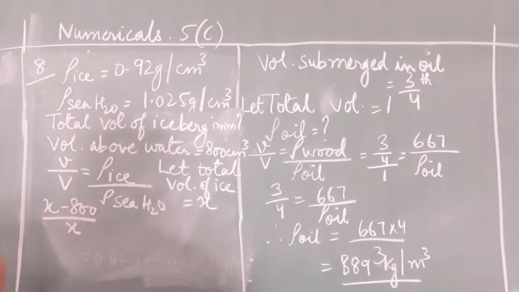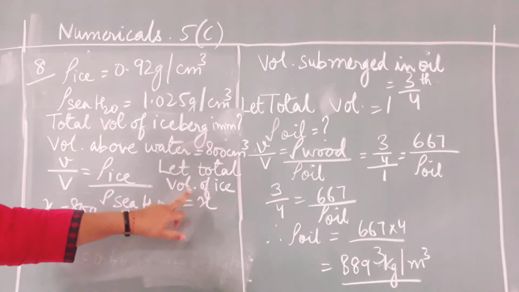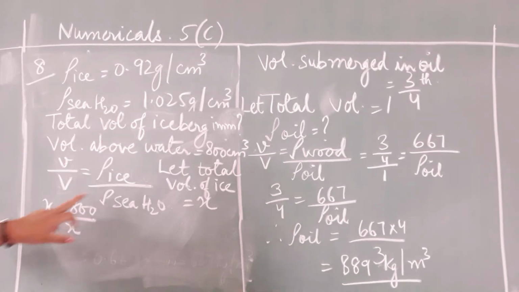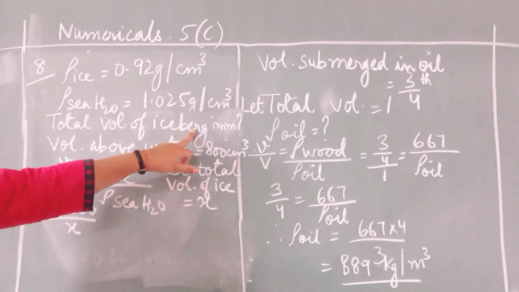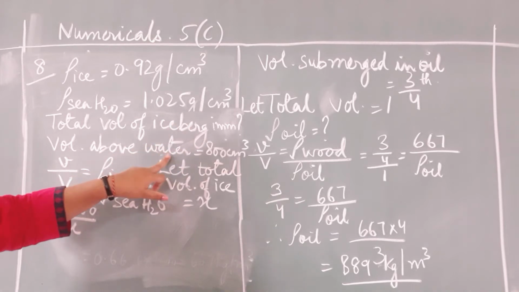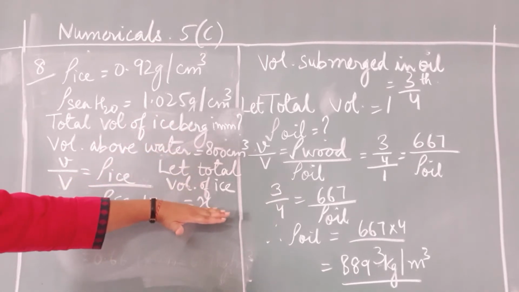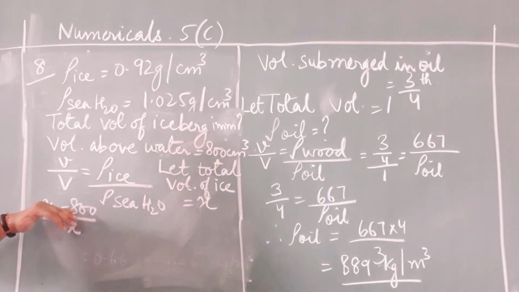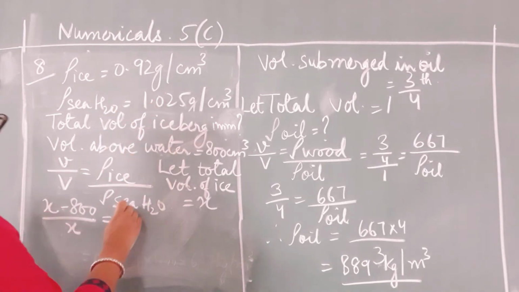I hope you understood this. See how, if I take the total volume as x, we know volume immersed will be the total volume minus the volume above. So when I subtract the volume above from the total volume, I will get the volume immersed. So therefore I have written x minus 800 is equal to, what's the density of ice given?